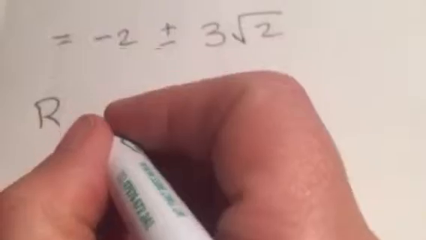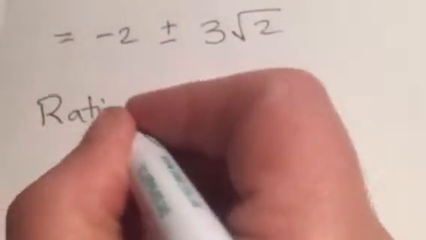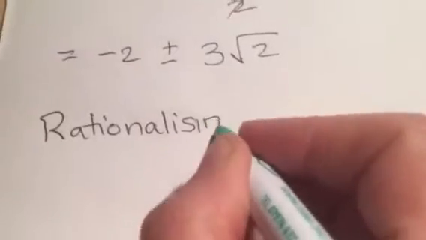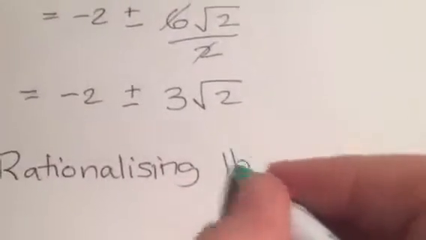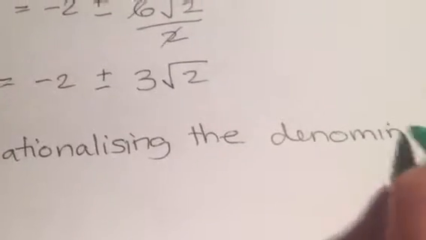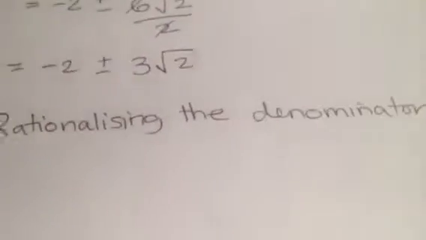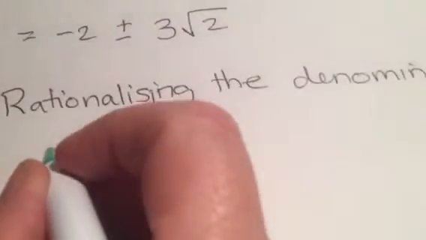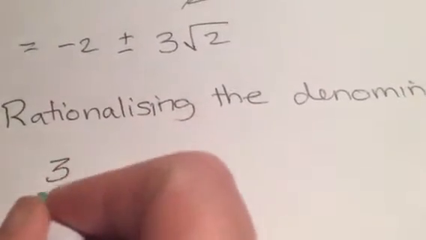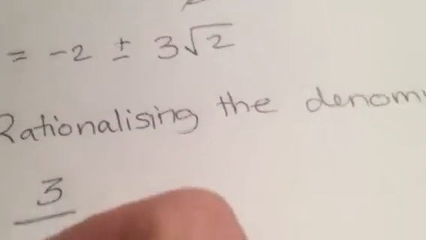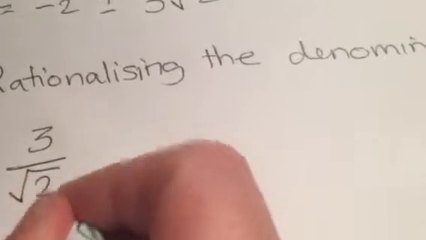You will also see the phrase rationalise or rationalising the denominator. There are 2 different types. There's one where you've got something like 3 over the square root of 2.